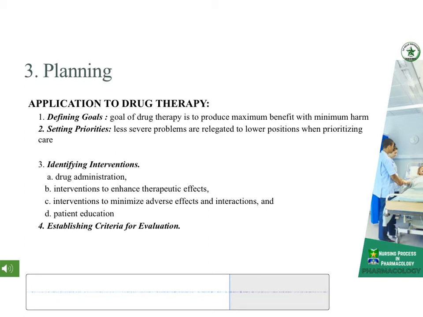Without criteria, we could not determine how well our drug achieved the therapeutic objective. So as a result, we would have no rational basis, wala na tay mahimong basis for making dosage adjustments or for deciding whether ang drug kinahanglan pa ba i-continue or i-terminate na. The criteria for evaluation depende na siya on the drug and its purpose.